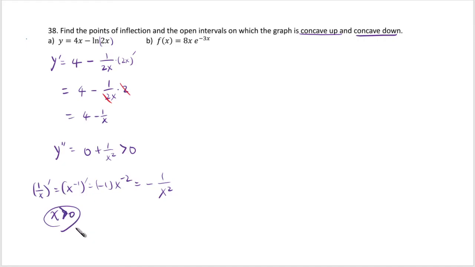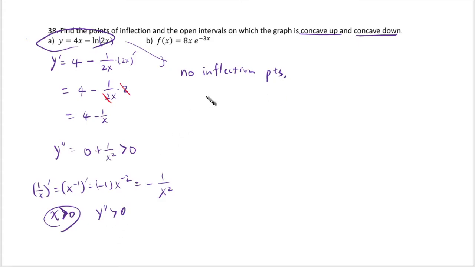Okay, and because of this, now we see that y double prime is always bigger than 0, which means this one has no inflection points, because it's always concave up.